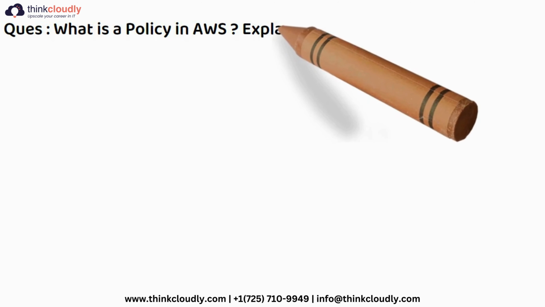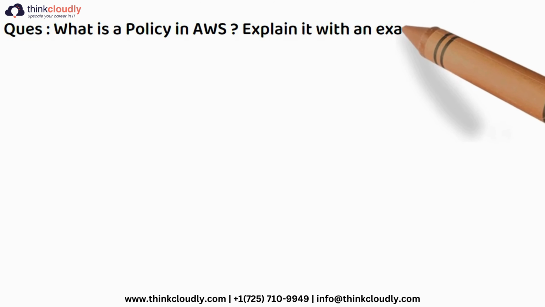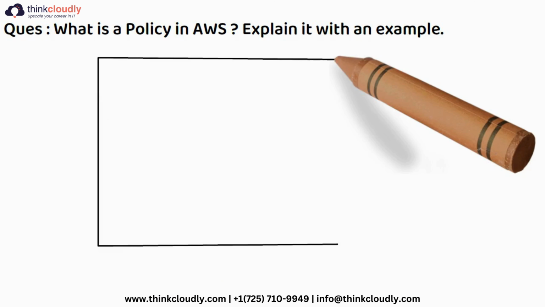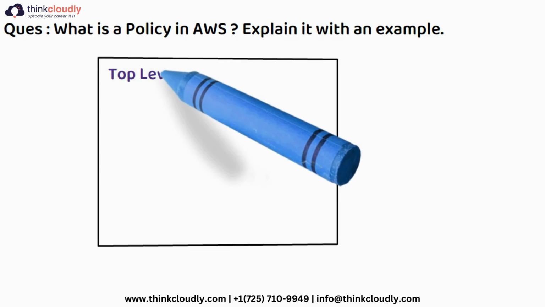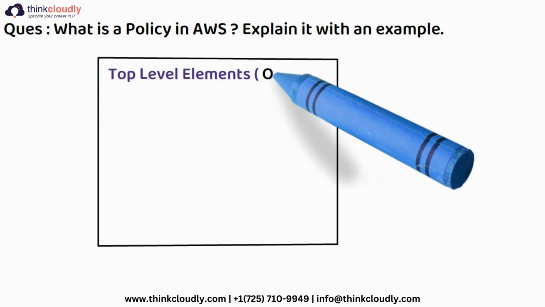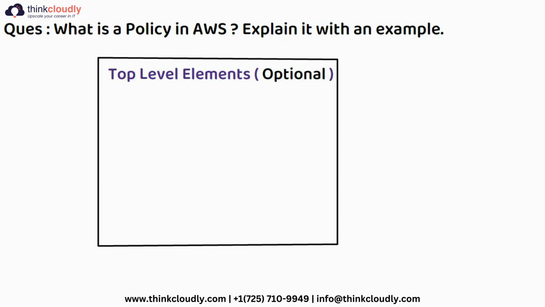Now, if we talk about a policy, it can be defined as a grouping of some top level elements which are optional in nature, and then the major crux of a policy is that you will have various statements.